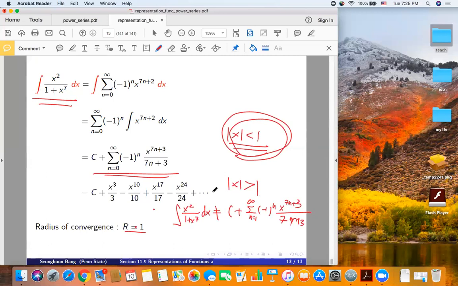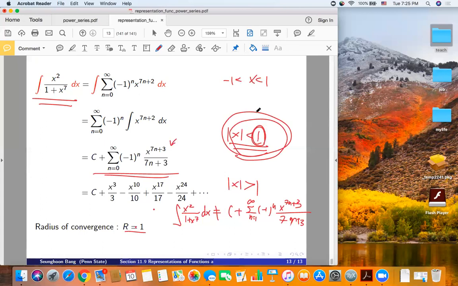Does it make sense? Then, what is the difference between the interval and the radius of convergence? From here, this is convergence or divergence. So how can you know that? For the interval of convergence, you have to check the endpoints. The radius of convergence is exactly only this number.